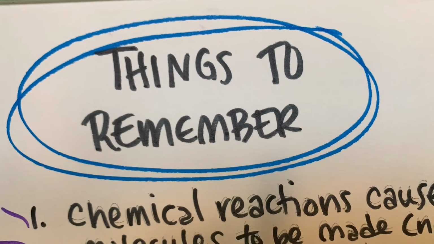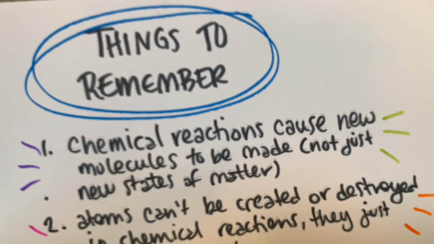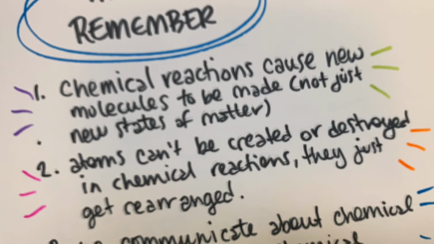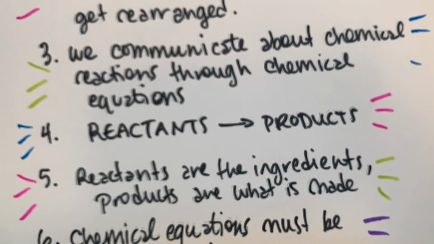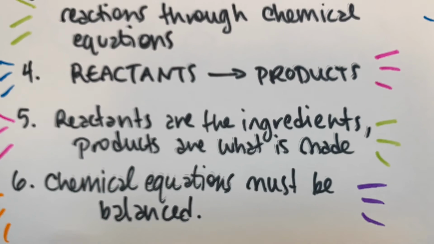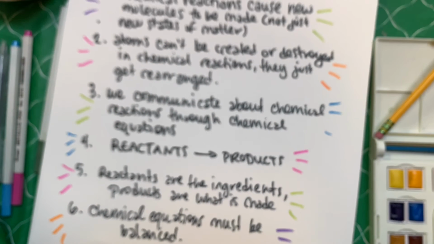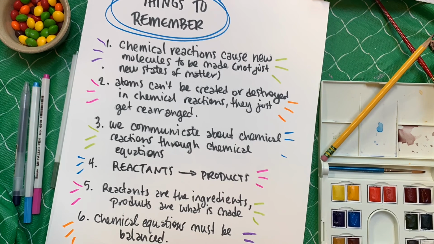All right, it's time to summarize what we've learned. First, chemical reactions cause new molecules to be made, not just things changing from one state to another. 2, atoms cannot be created or destroyed in a chemical reaction. They just get rearranged to form the new things. 3, scientists communicate about chemical reactions using things called chemical equations. 4, chemical equations take the basic form of reactants on the left, followed by an arrow pointing right, products at the end. 5, reactants are what reacts.